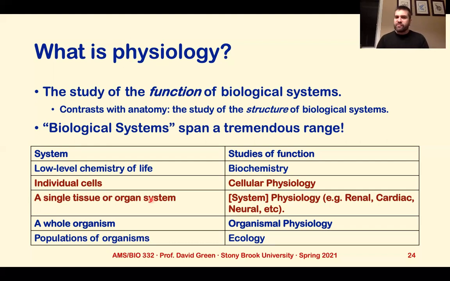This is usually referred to by whatever system we're dealing with: renal physiology for the physiology of the kidneys, cardiac physiology for the physiology of the heart, neural physiology for the physiology of the brain, and so on. And you can also discuss physiology at the whole organism level as well.